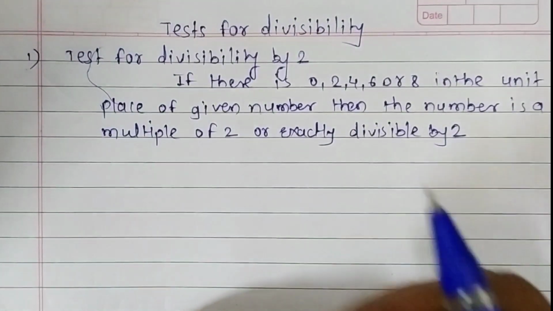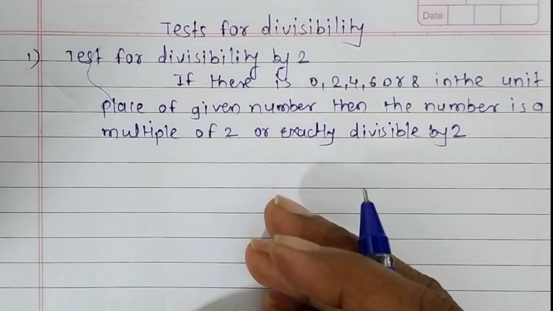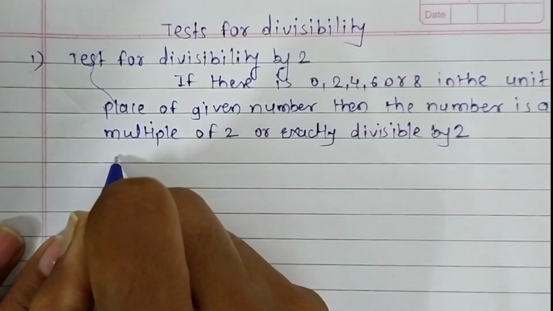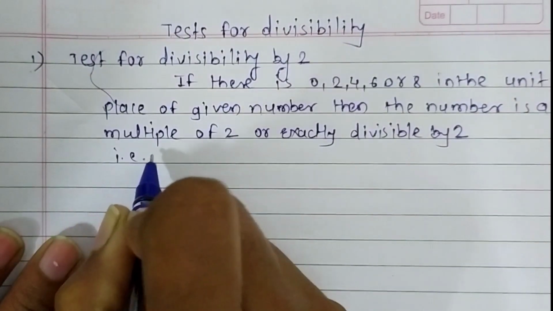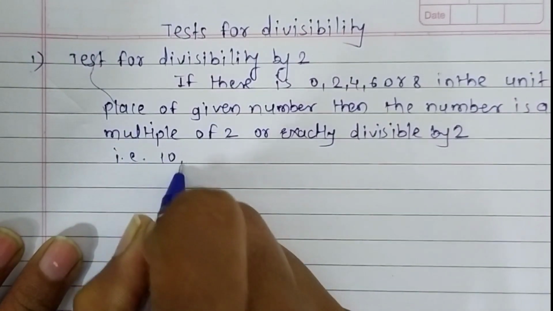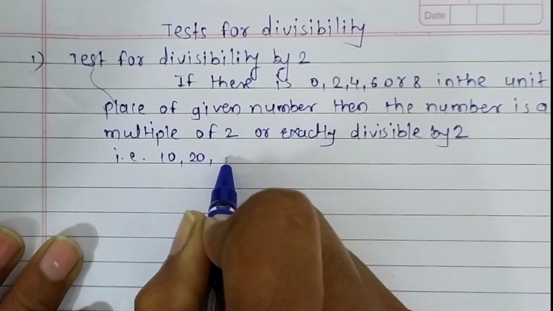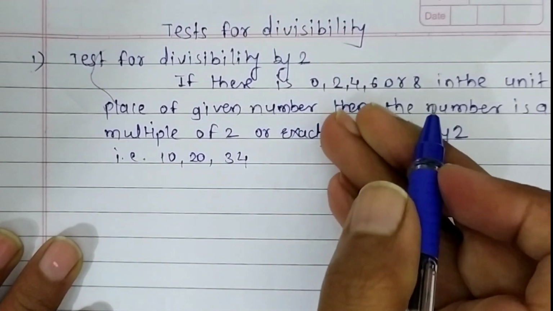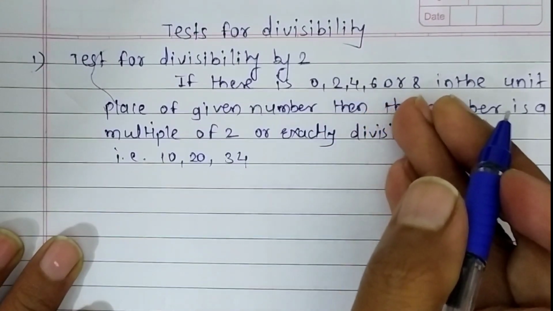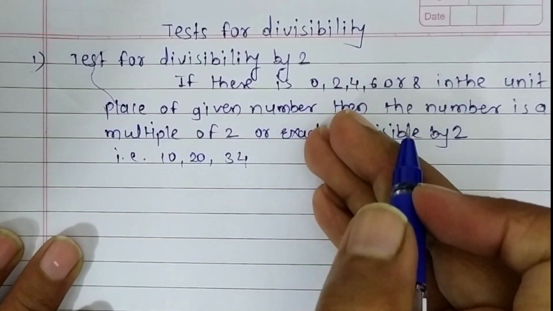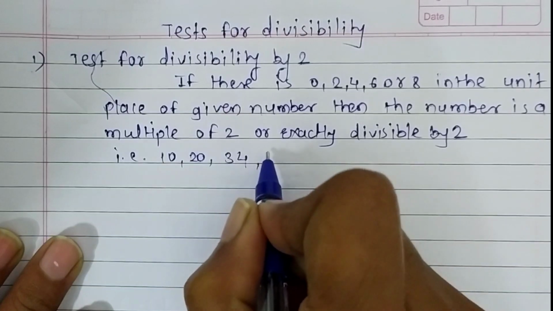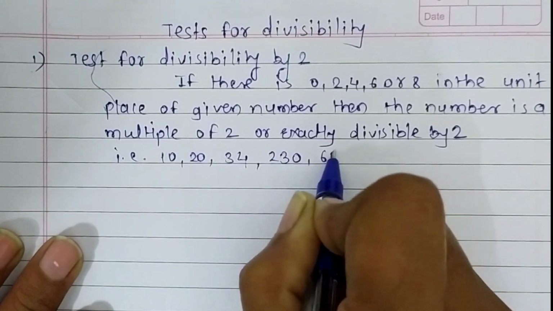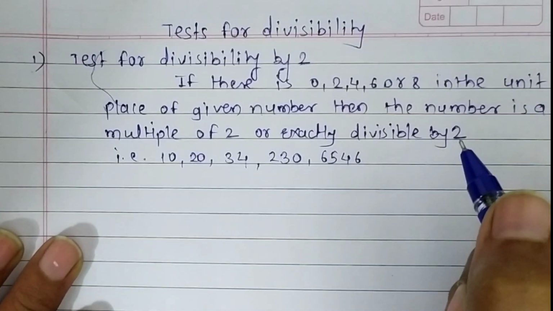Let's take examples so you can understand it. Examples are 10, 20, 34. Any number you can take which has 0, 2, 4, 6 or 8 in the unit place of that number. 230, 6546.